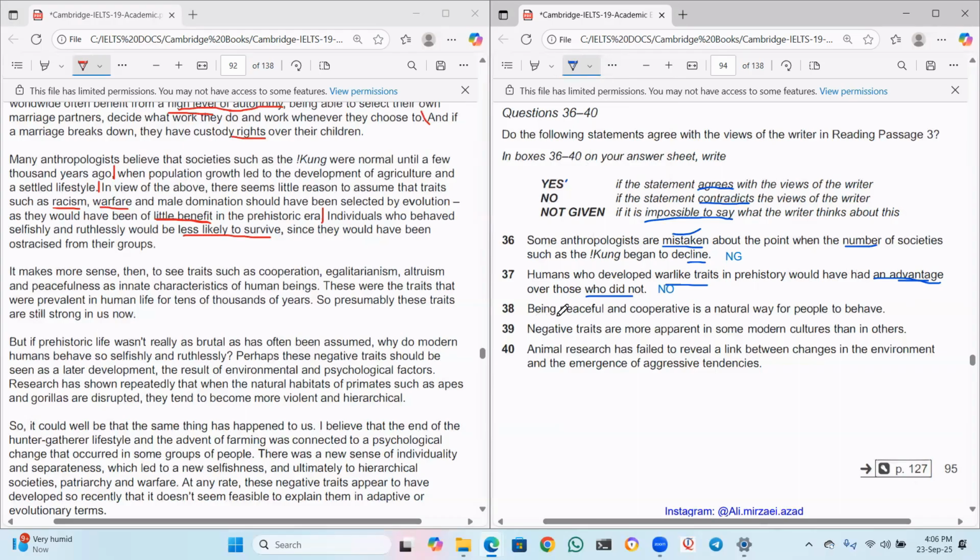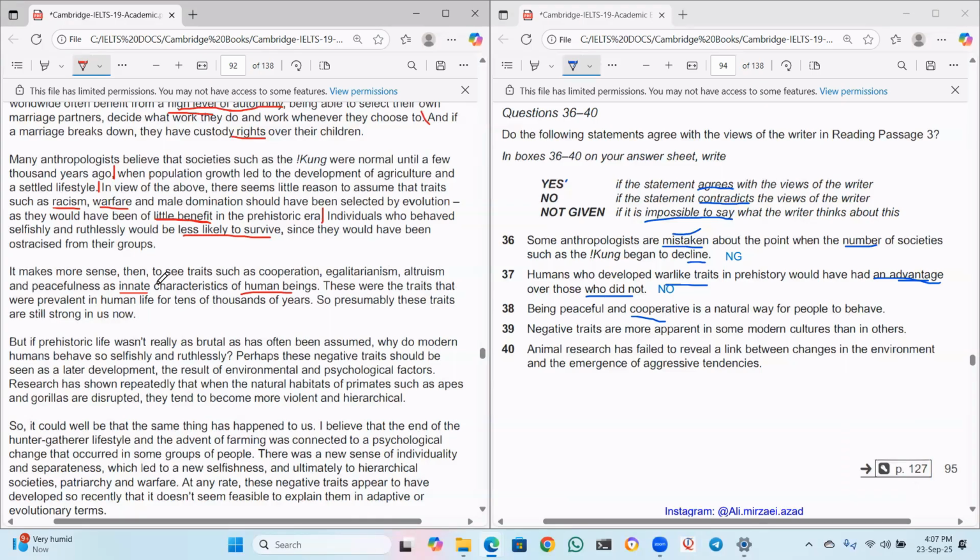Right, next one. Being peaceful and cooperative is a natural way for people to behave. That's what the statement says. Okay, let us read next. It makes more sense then to see traits such as cooperation, egalitarianism, altruism, and peacefulness as innate characteristics of human beings.